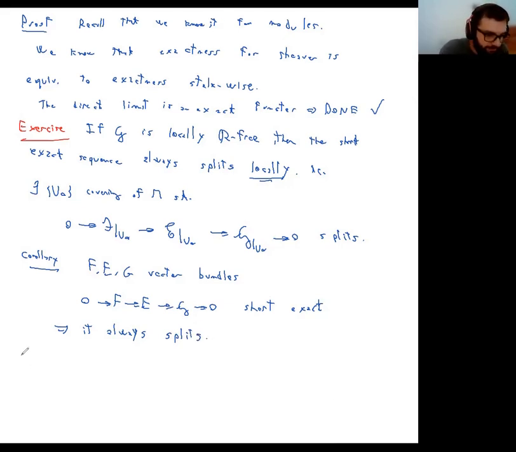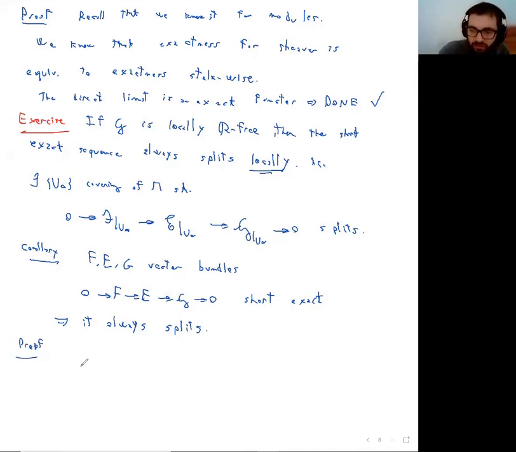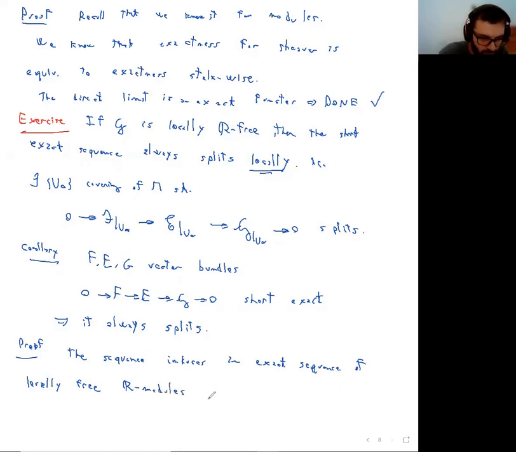And I think the idea is clear. You look at the corresponding sequence of sheaves. So the sequence induces an exact sequence of locally free R modules. And here R can be, of course, if you're talking about holomorphic vector bundles, it's O_M. Otherwise, it's just smooth functions.